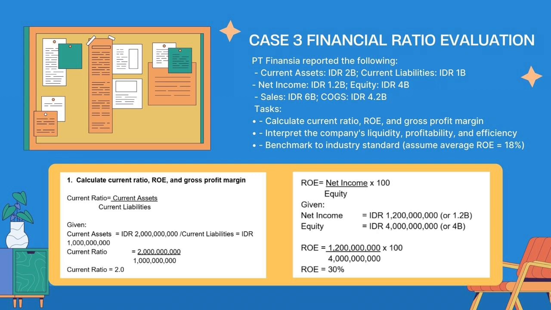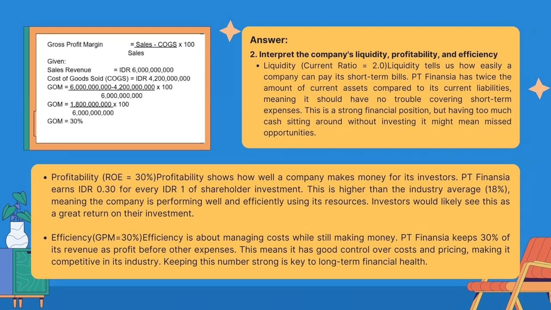And combined leverage DCL equals DOL times DFL, we got 2.66. Strategy B. So for the last, we got the gross profit margin. The formula is sales minus COGS over sales times 100.